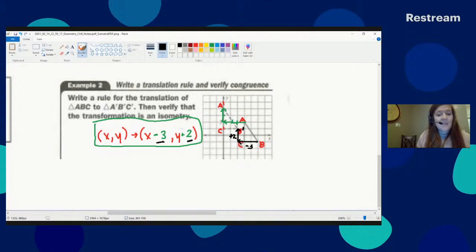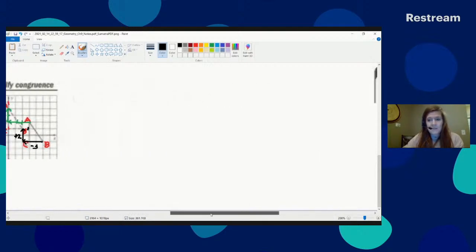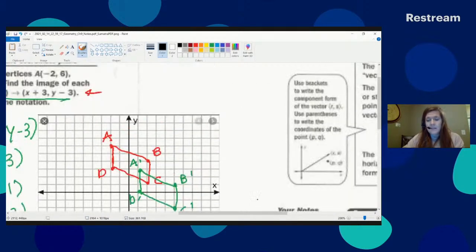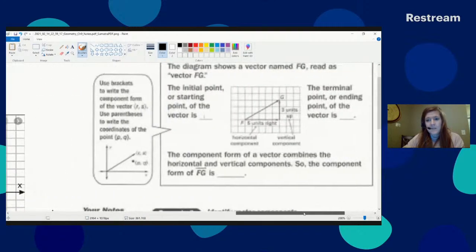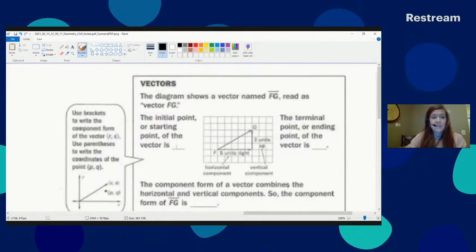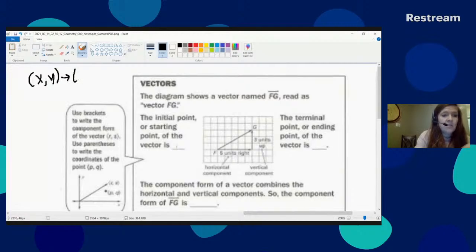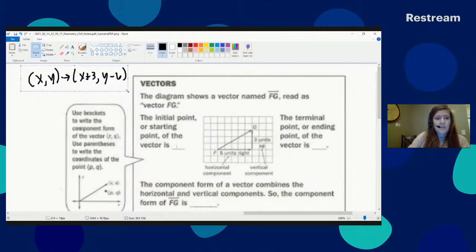Okay, so that translation rule that we just talked about, we've already done in the past. It should look familiar to you. But I want to talk to you about something that's kind of new. Sometimes, instead of writing a translation rule like we just did, where we have X, Y translates to X plus 3, Y minus 6, or whatever it might be, instead of using that translation notation, what if we use something that is called a vector?